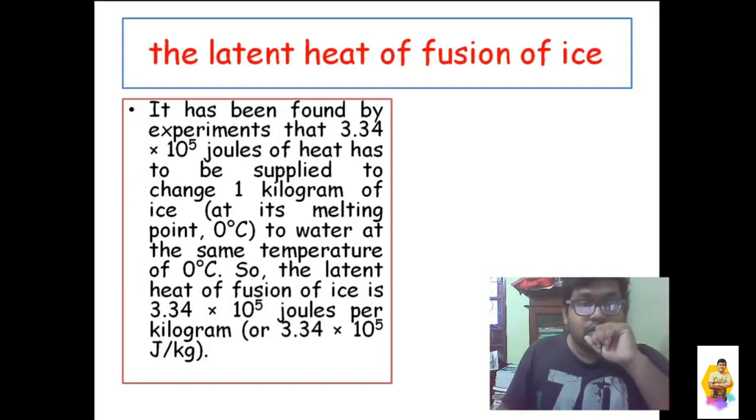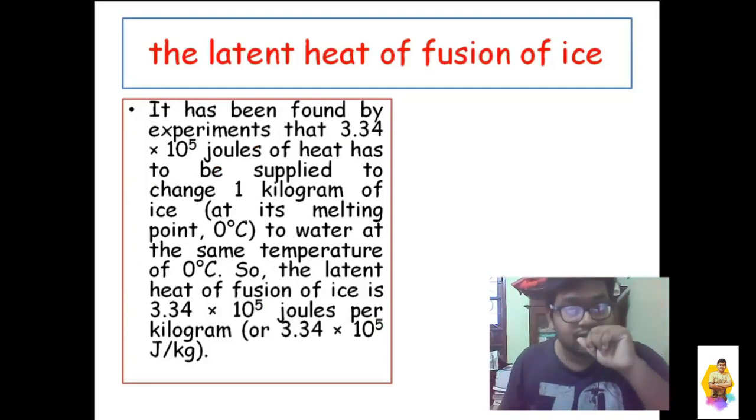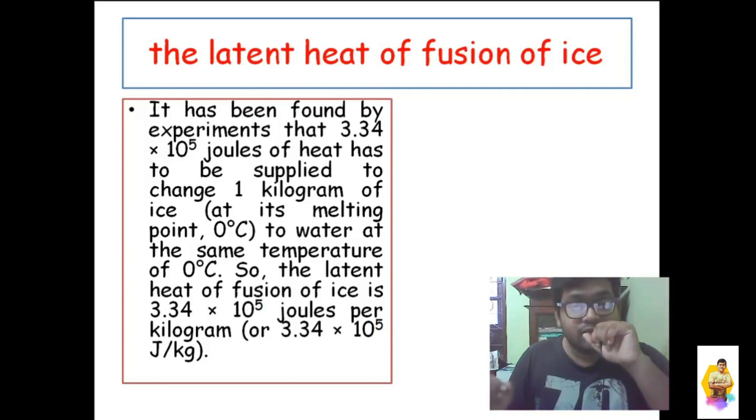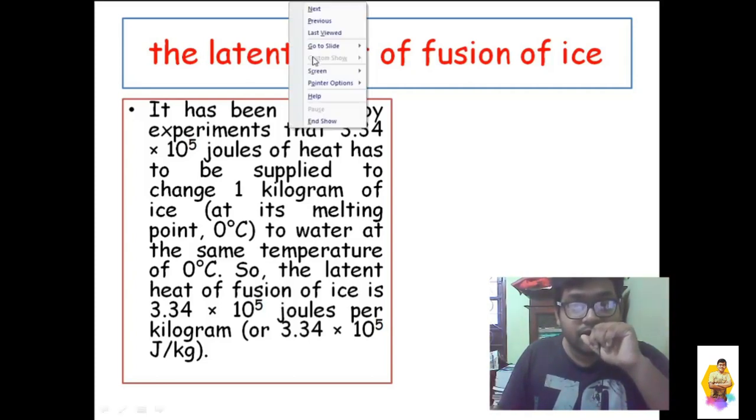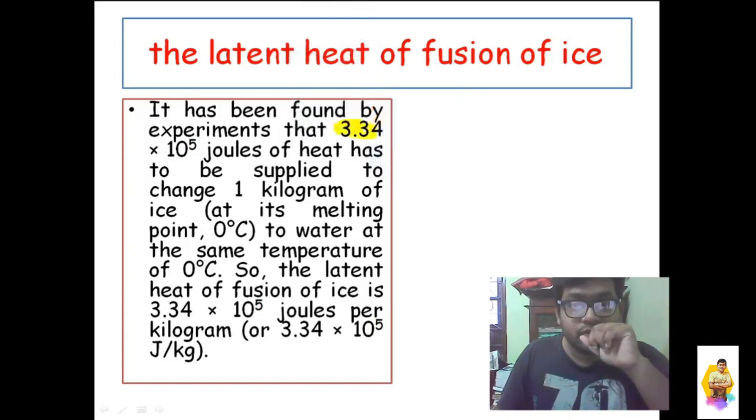So a very famous example is the latent heat of fusion of ice. So ice can be converted into water, but the temperature will remain 0 degree. For that, we have to apply that much of heat, that is 3.34 into 10 to the power 5 joules.